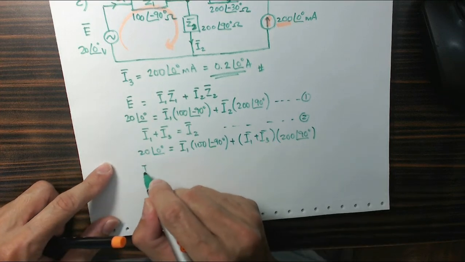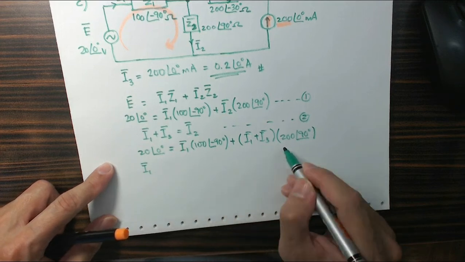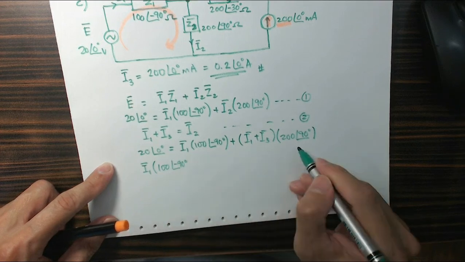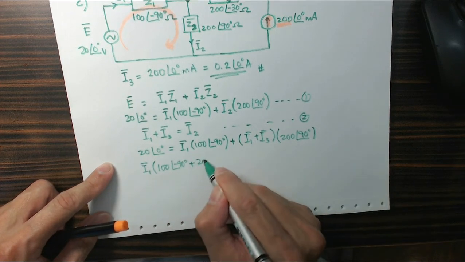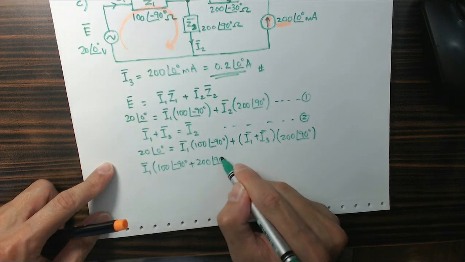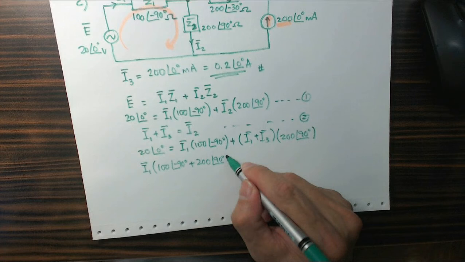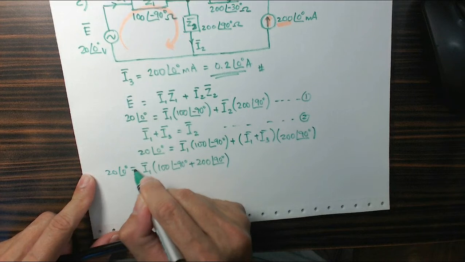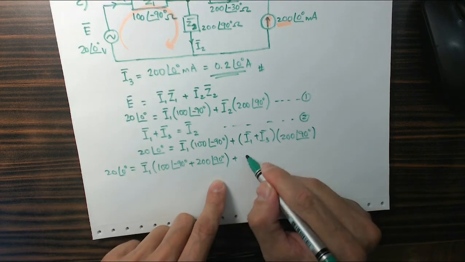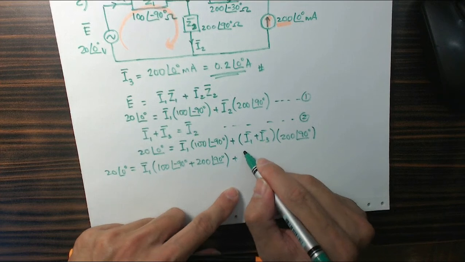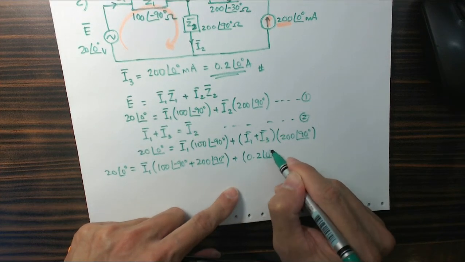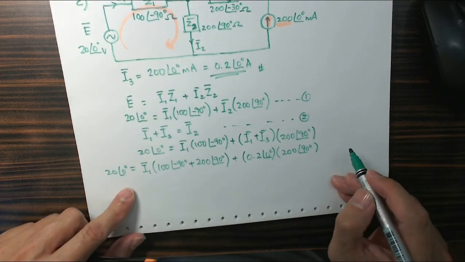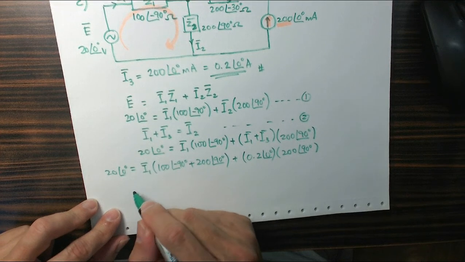I1 times 100 angle of minus 90 degrees plus 200 angle of 90 degrees, right? Because I1 is here, I1 is here. Maybe I just leave it here. That will be equal to, this one is I3. I3 I know it's here, so I just substitute I3 as 0.2 angle 0 degrees multiplied by 200 angle 90 degrees. Right, therefore I get I1.